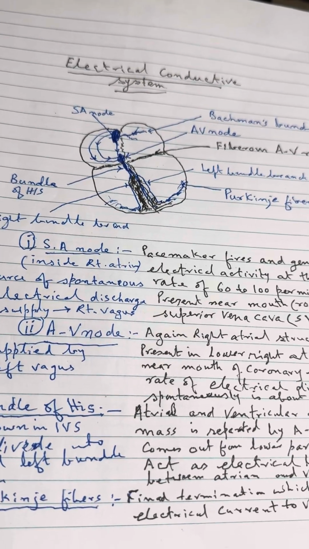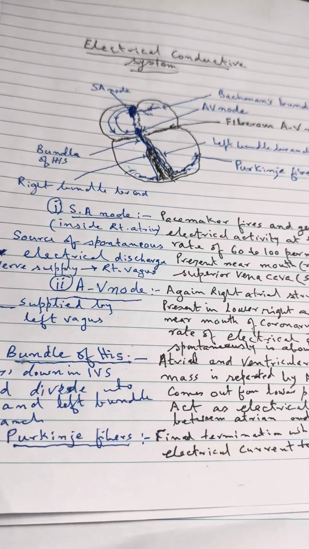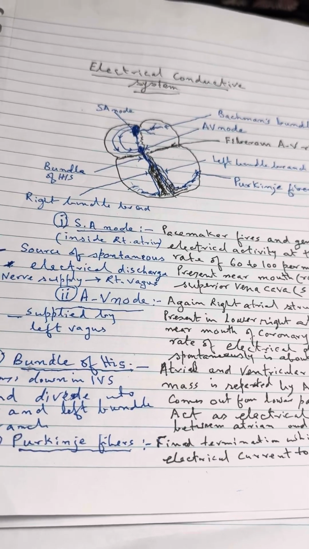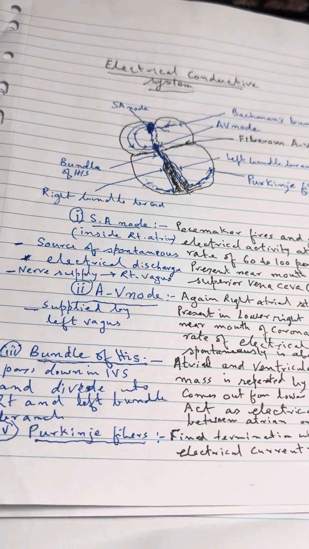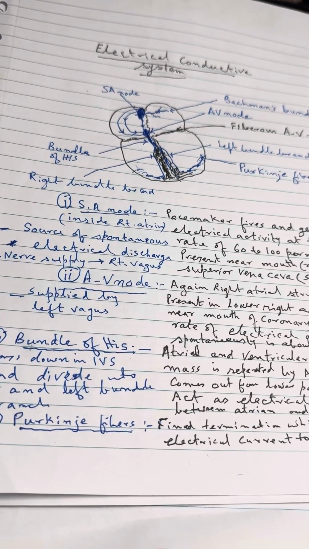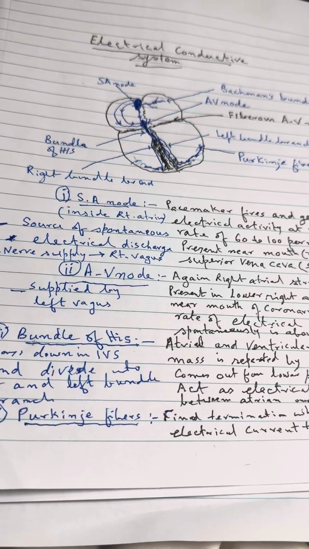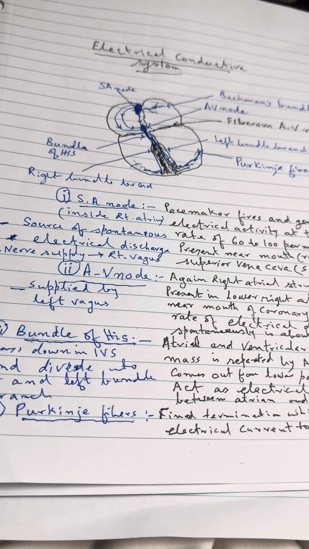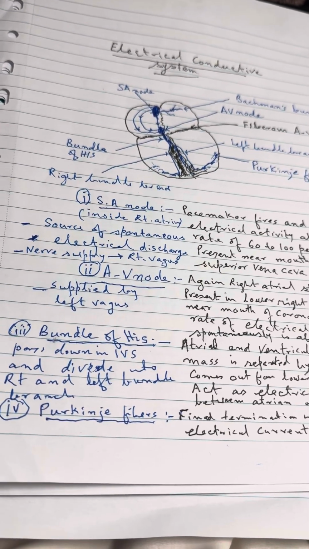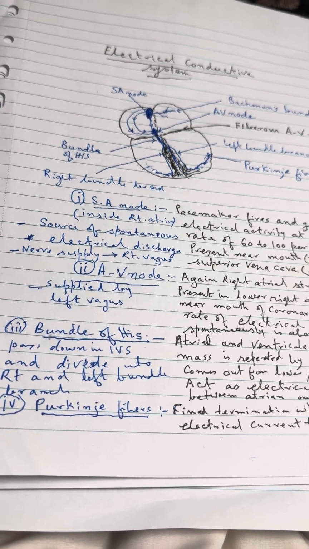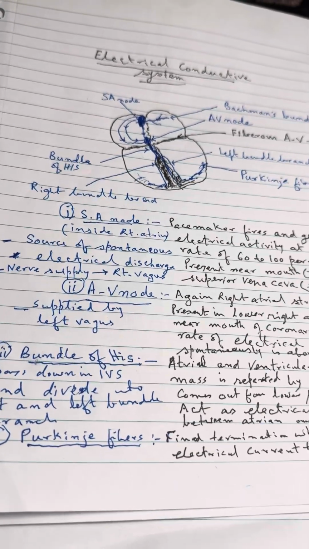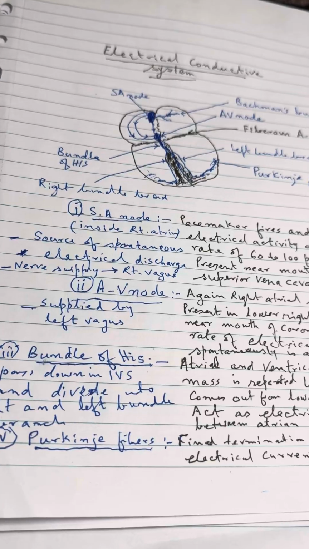Then the bundle of His comes down in the membranous part of the interventricular septum, and it divides into right and left bundle branch. Now, the right bundle branch is thinner. The left bundle branch is thicker.